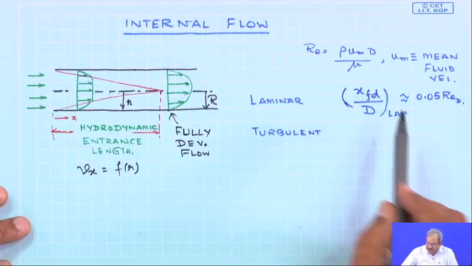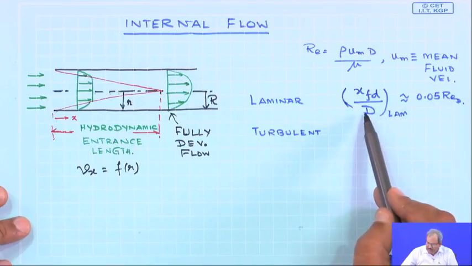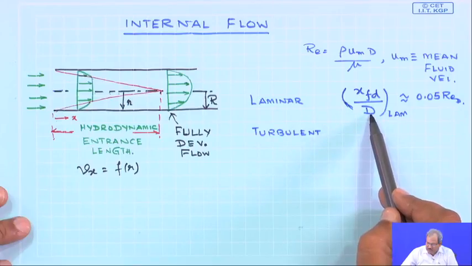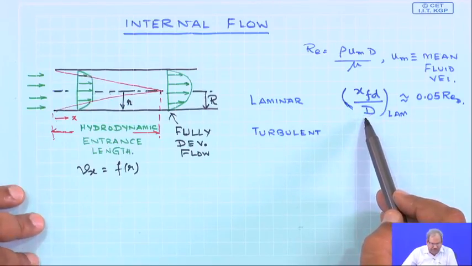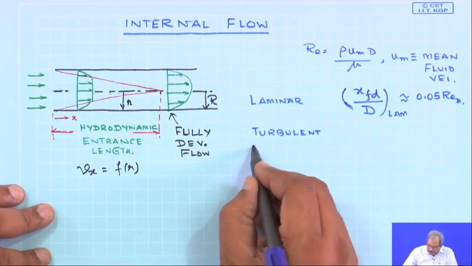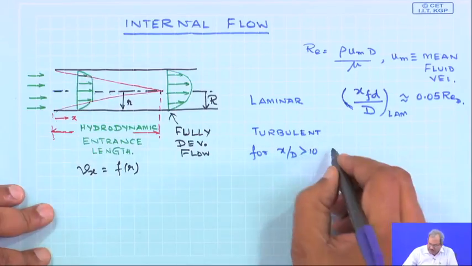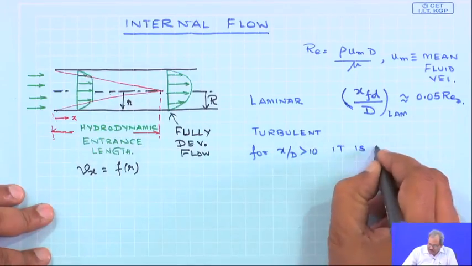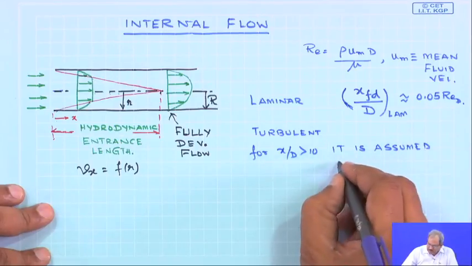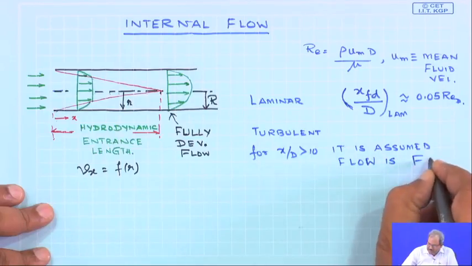So, the entrance length can be expressed as a function of Reynolds number, and this entrance length is non-dimensionalized with the diameter of the pipe through which the flow is taking place. And for turbulent flow, for x by d greater than 10, the flow is assumed to be fully developed.